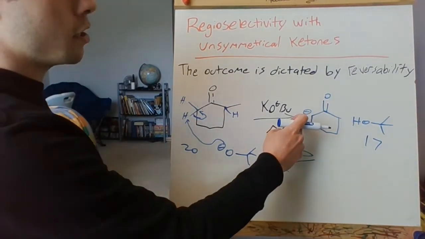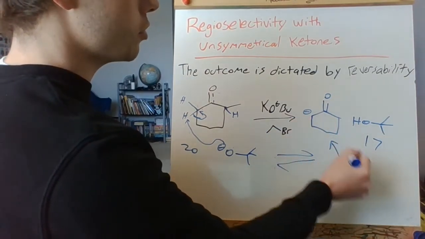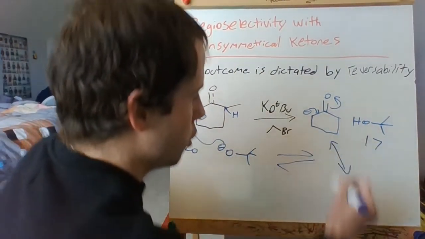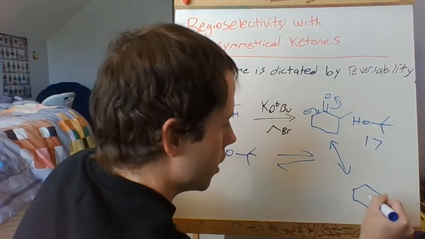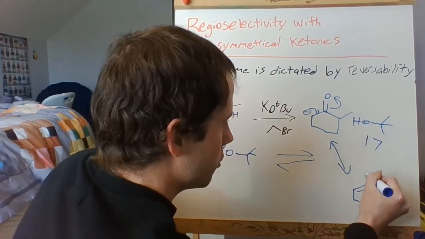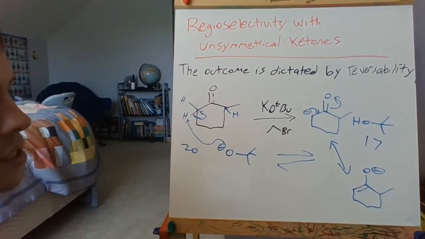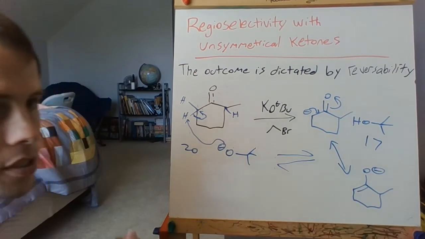When we get to here, remember we can draw a resonance structure where we make our enolate. And so for this one in particular, we would get something that looks like this. And so this gives us a di-substituted alkene in our enolate, 2 carbons attached.